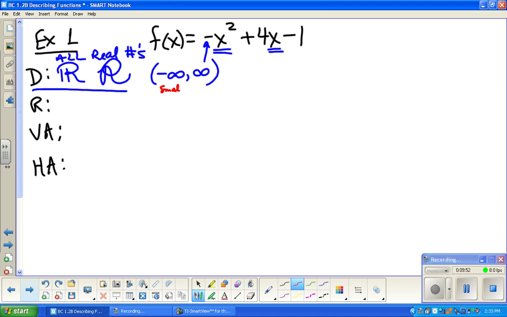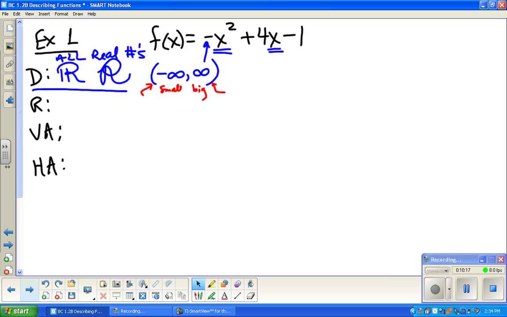This would be from the small number to the big number, and since you can never really include infinity because you can't ever get there, these are parentheses, and you'll see a distinction between that notation for infinity and other numbers too in just a minute. Okay, so we have 1, 2, 3 basic ways to state the domain here, and again, it's all real numbers.